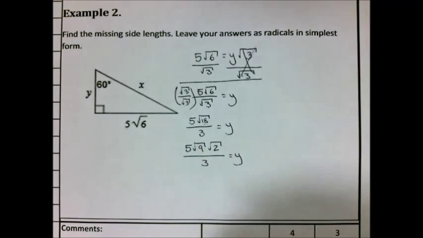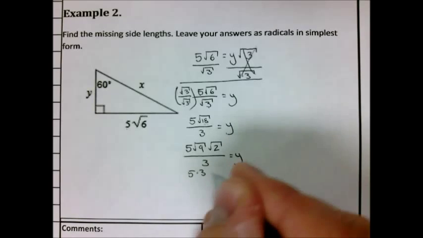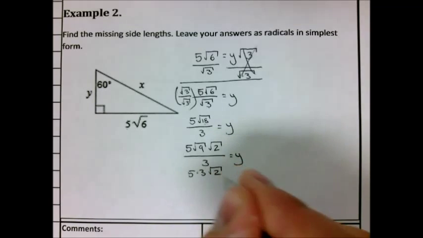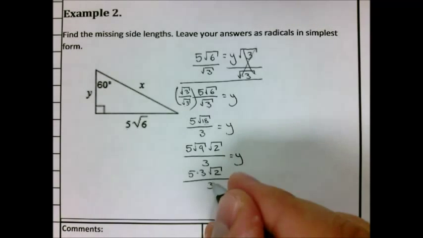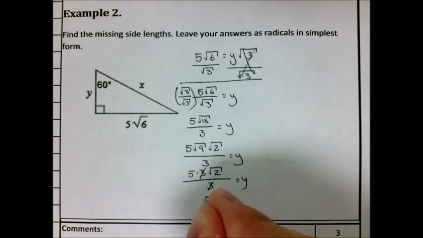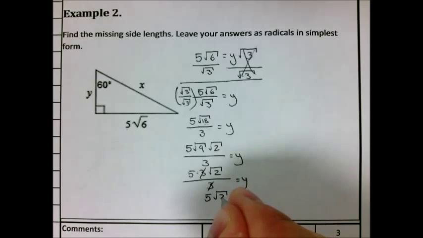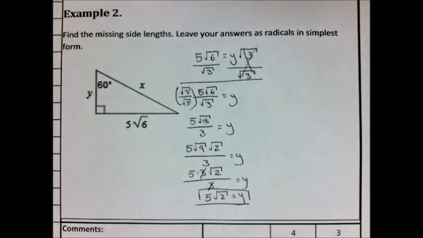The square root of 9 is 3, so we have 5 times 3 times the square root of 2 divided by 3 is equal to y. And we see those 3's are going to cancel each other out. And so what we're left with is 5 times the square root of 2 is equal to y. That is the length of our shorter side.